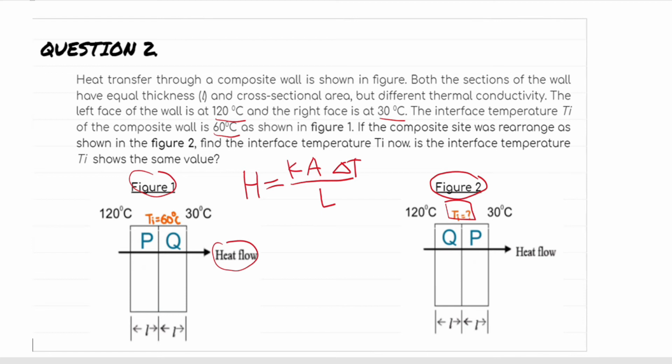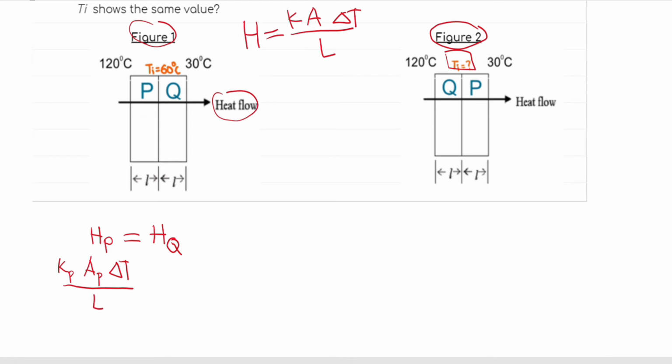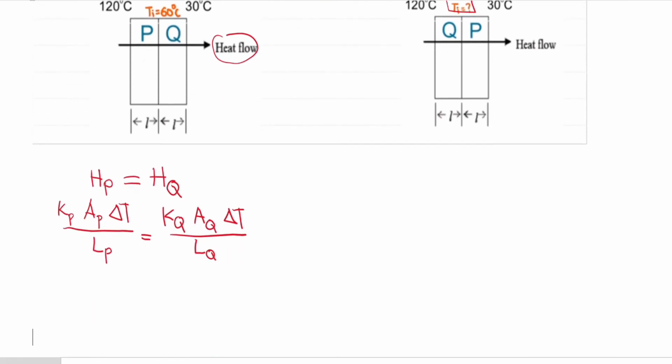Because we have walls P and Q, we can make the heat flow rate for wall P equal the heat flow rate for wall Q. So Kp times the cross-sectional area of P and the temperature difference in wall P over the thickness of P equals the thermal conductivity of wall Q times its cross-sectional area and its temperature difference over the thickness of wall Q. In the question, we already know that both sections of the wall have equal thickness and cross-sectional area, so we can ignore the A and the L.